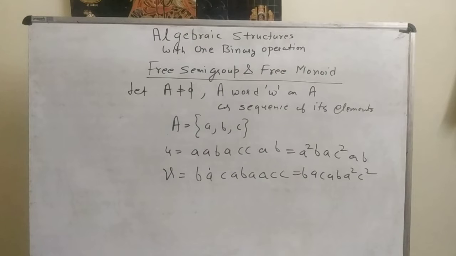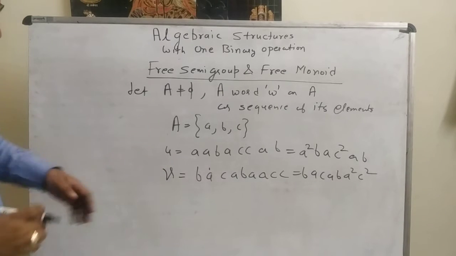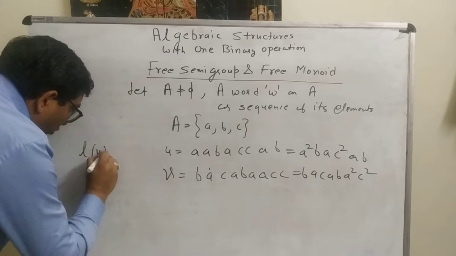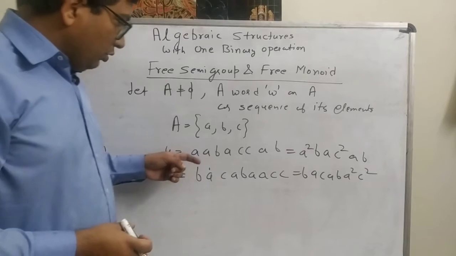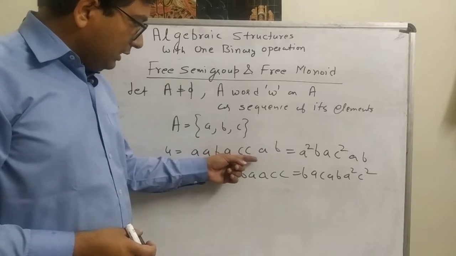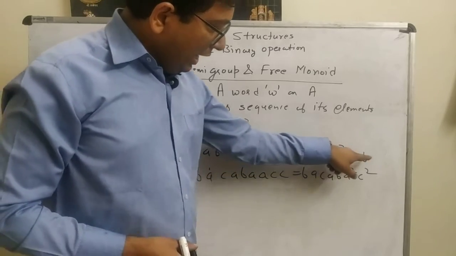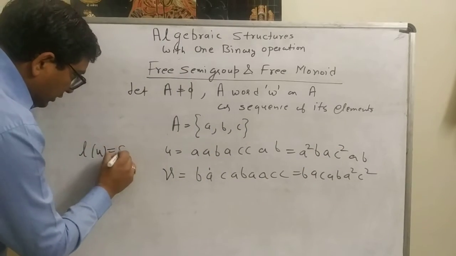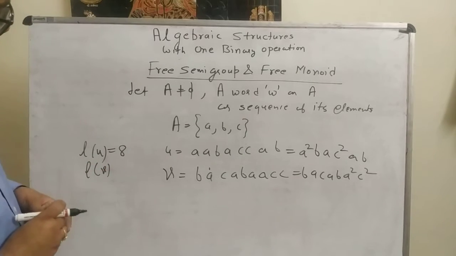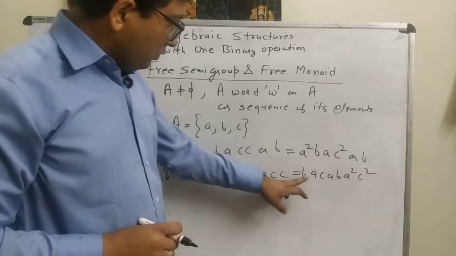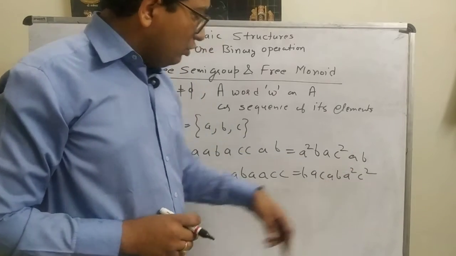The next thing we can notice is that we can find the length of these words U and V. The length of U is the number of elements in this sequence, so the length of U is 8, and the length of V is 9.